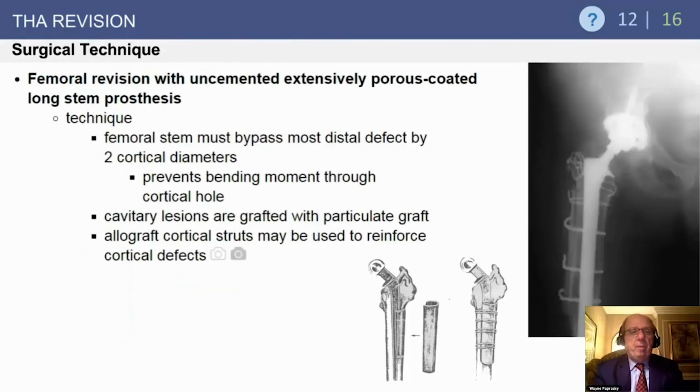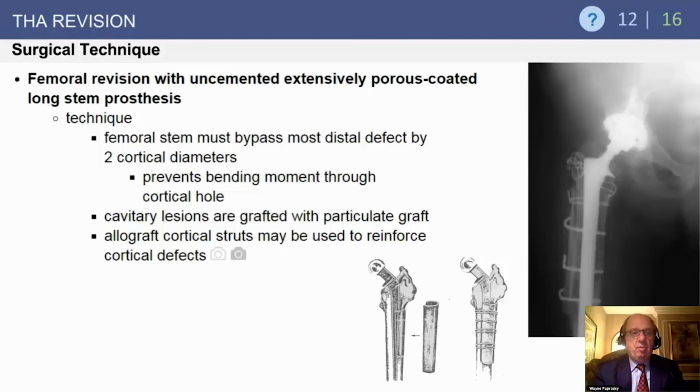What about femoral revision with uncemented, extensively coated long stem prostheses? The femoral stem must bypass the most distal defect or osteolytic defect by 2 cortical diameters to prevent bending moments through any kind of defect. Cavitary lesions are grafted with particulate graft.